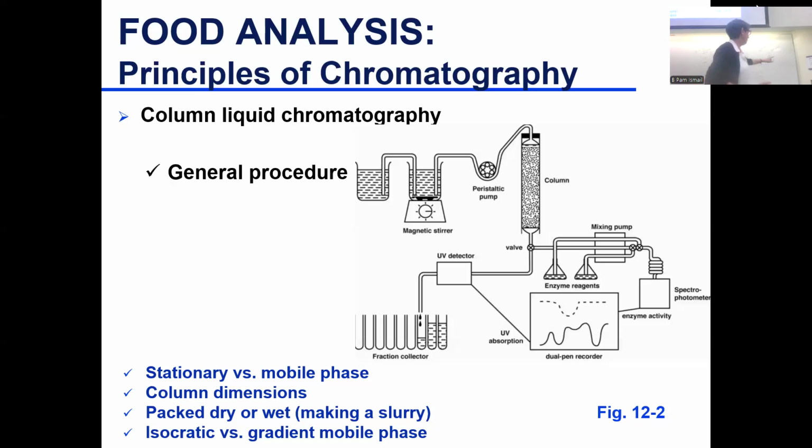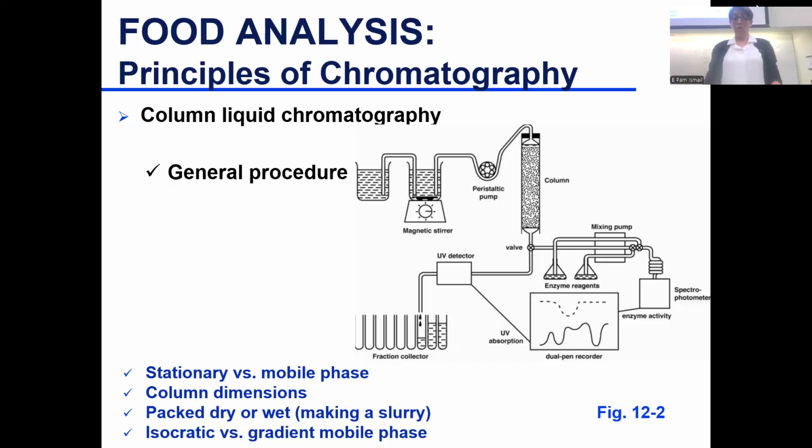It can be either, depending on whether it's reverse phase, normal phase, or ion exchange. We will learn in ion exchange how you have a gradient elution as well. So gradient elution means it's meant to increase the strength of the mobile phase, to enhance movement in the column and shorten your analysis time. Okay.